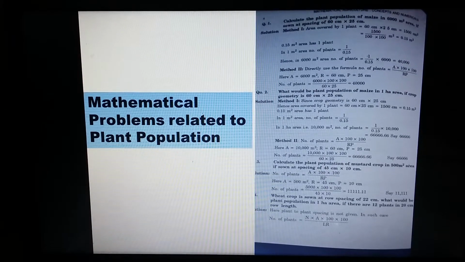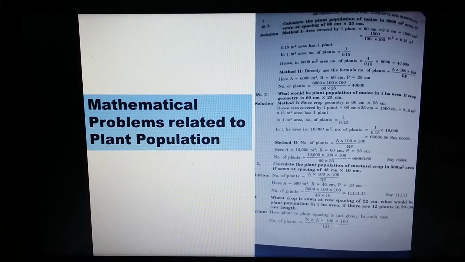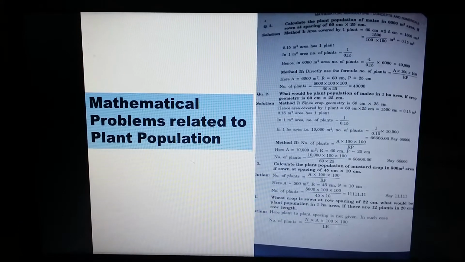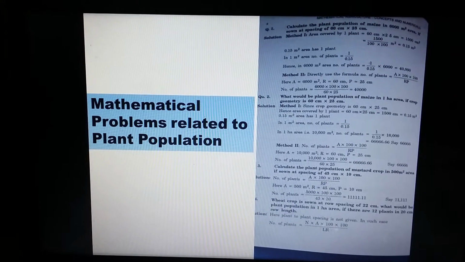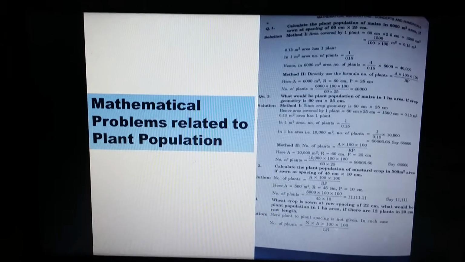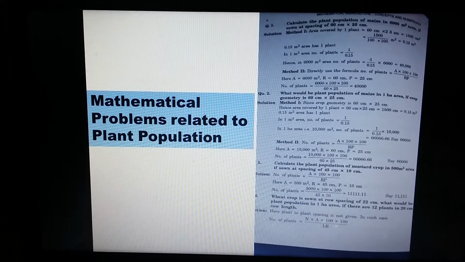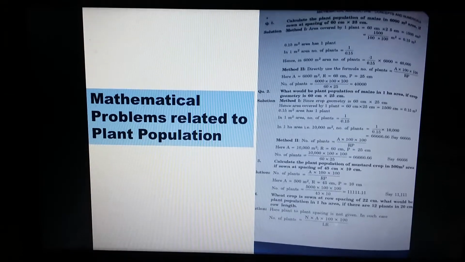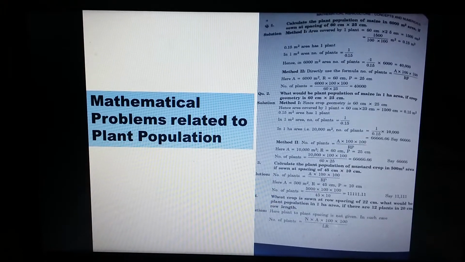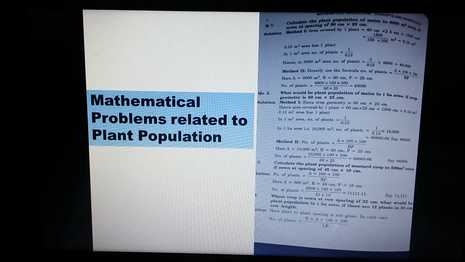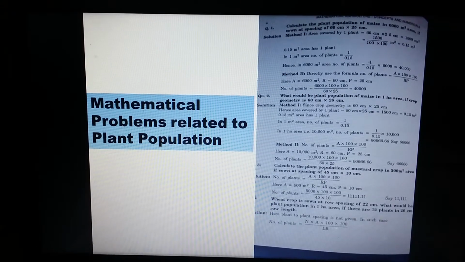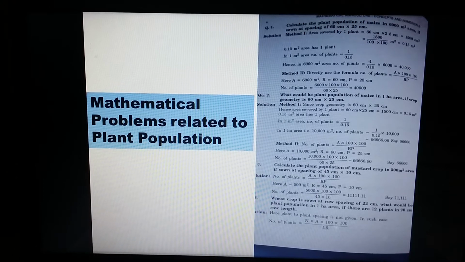Now coming to the third problem. Our third problem is calculate the plant population of mustard crop in 500 meter square area if sown in a spacing of 45 centimeter by 10 centimeter. So the number of plants we know equal to A into 100 into 100 divided by R into P. So we put the values, that means A equal to 500 meter square, R equal to 45 centimeter, P equal to 10 centimeter.